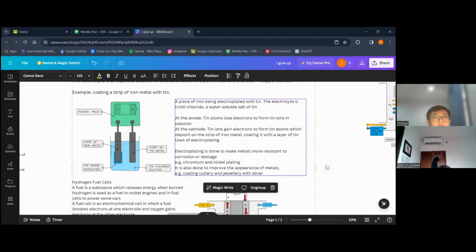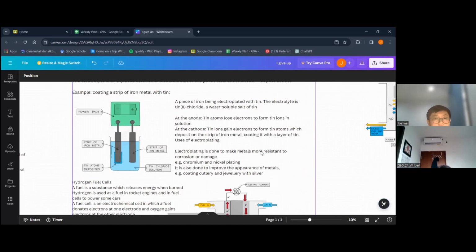So electroplating is also done to make metals more resistant to corrosion or damage so they don't break as easily. Like examples, chromium and nickel plating. And it can also be done to improve the appearance, like coating cutlery and jewelry with silver.